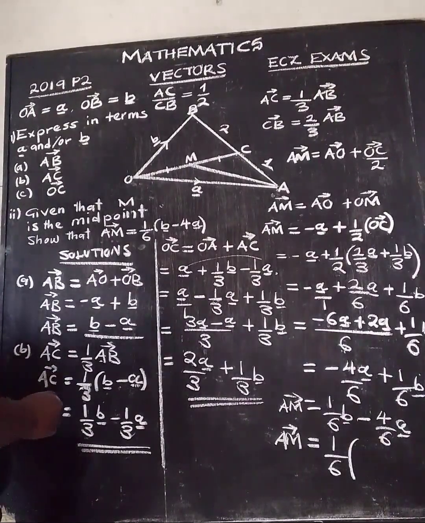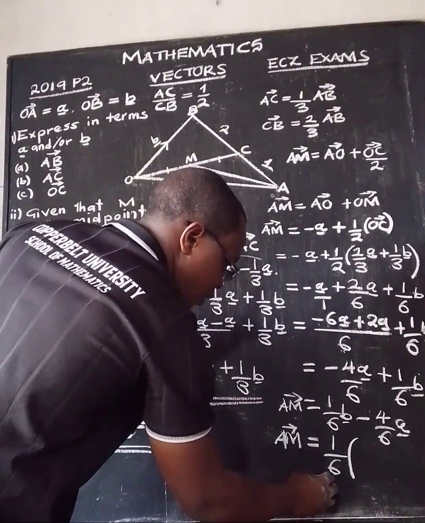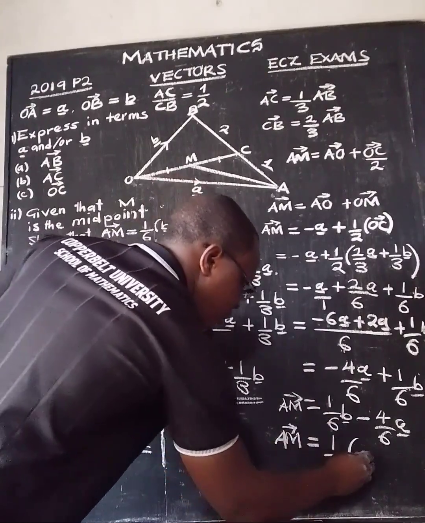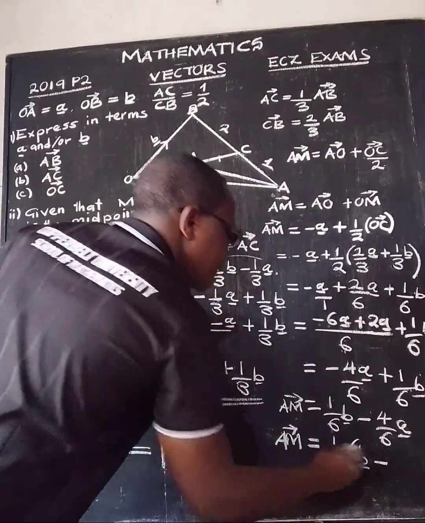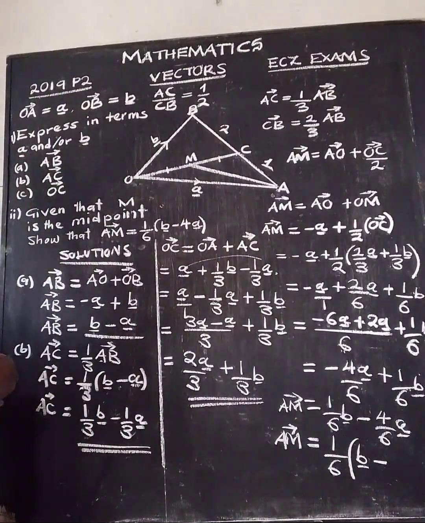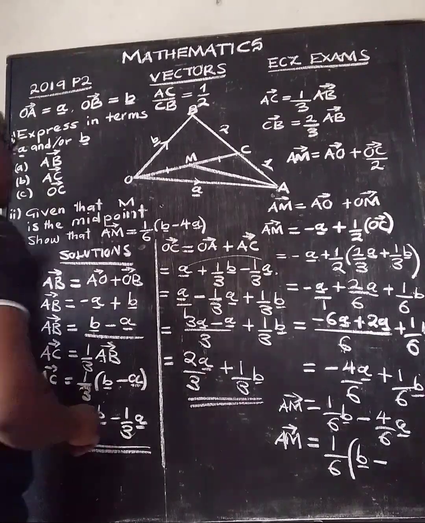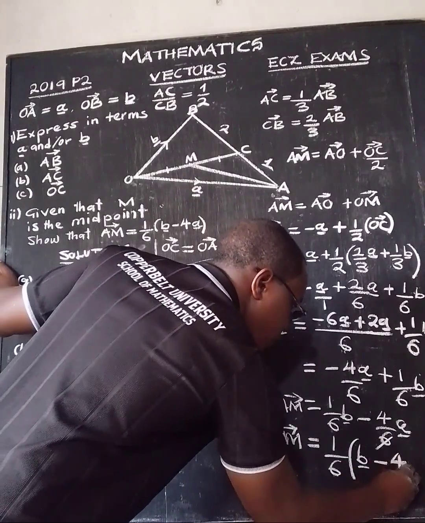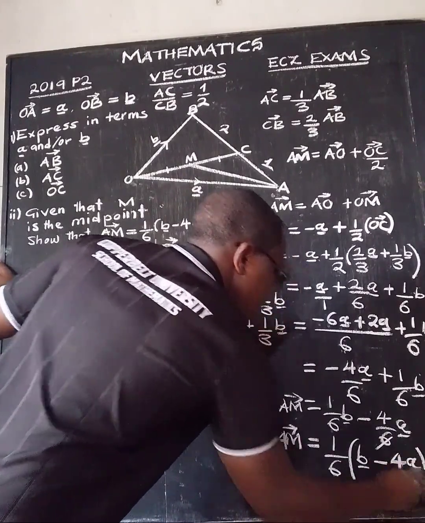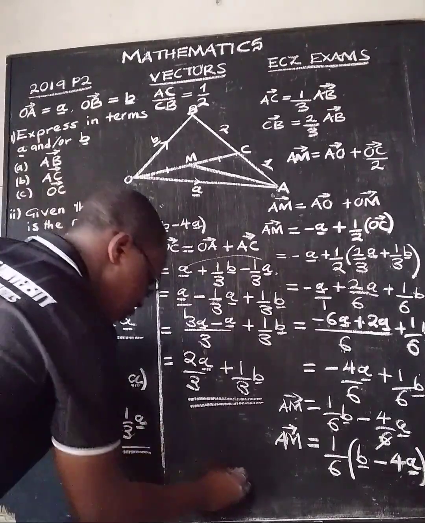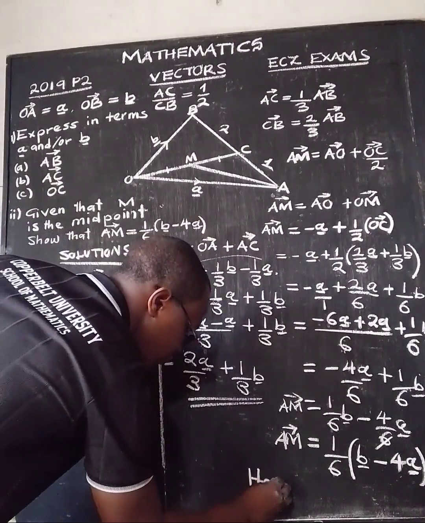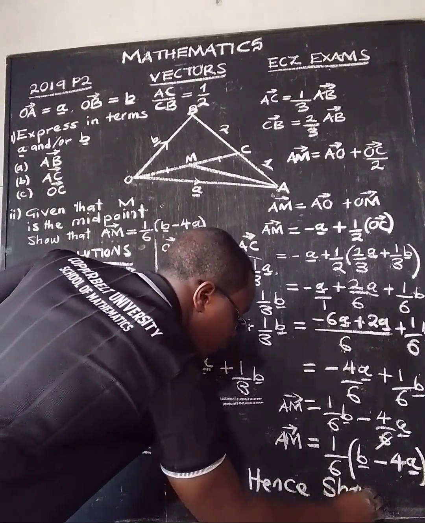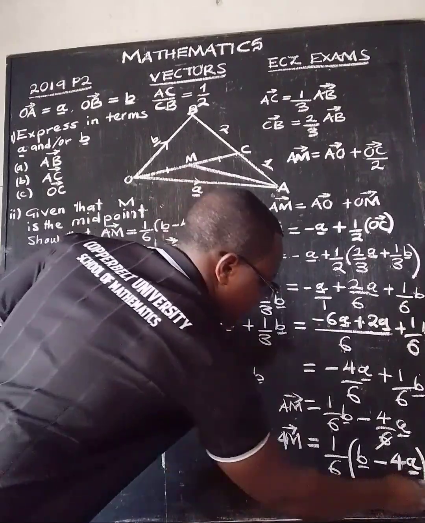So 1 over 6 into 1 over 6 B, we get B, minus, then these 6 and these 6 go, and we bring 4 vector A. So, ends shown. This is our answer.